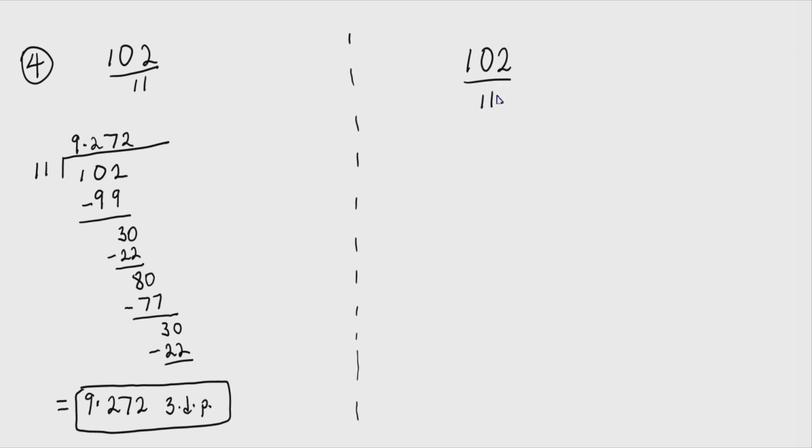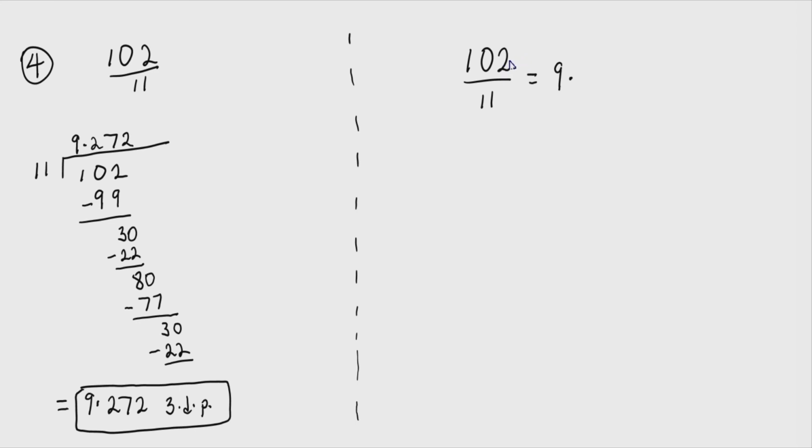and that's 11 and 102 is 9, decimal. So this would be 99, and in subtracting it from 102, you have 3 left.